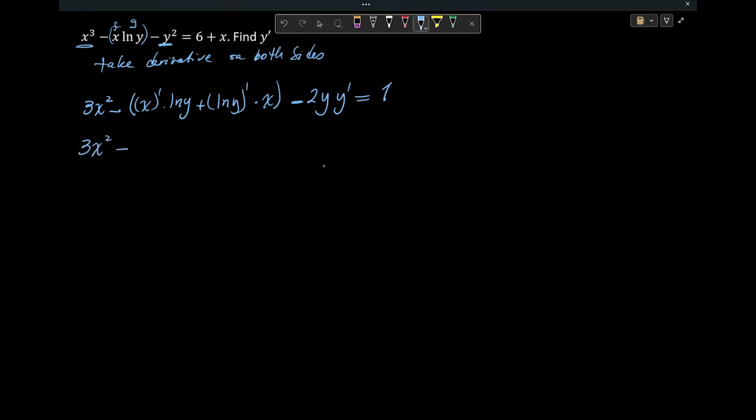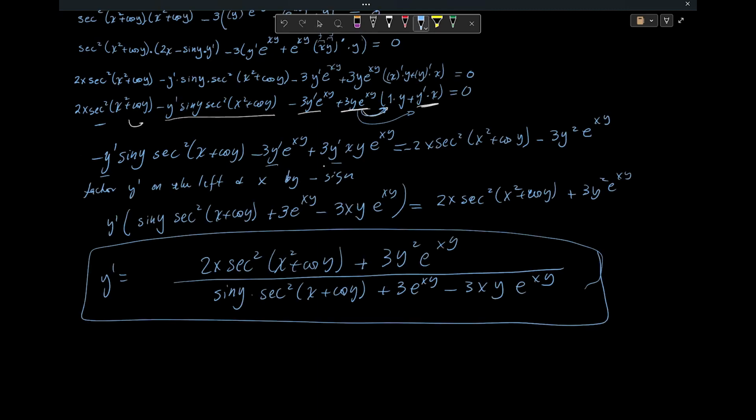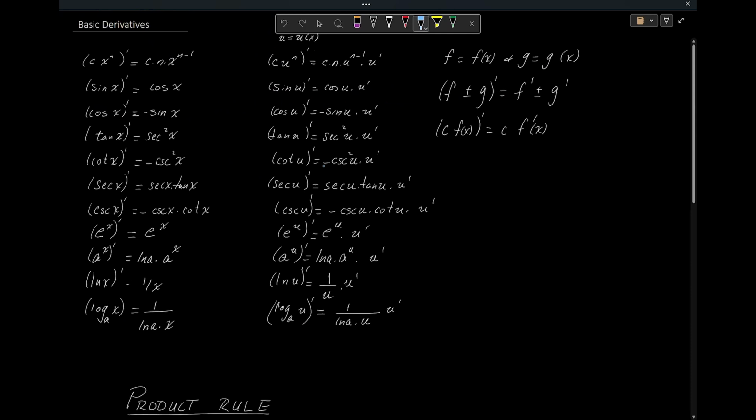3x squared minus derivative of x is 1 times ln of y plus the derivative of the ln of a function of x. Okay, let's go back. Right here, the derivative of the ln of a function of x is the derivative of that function, or the argument of the log, over the argument itself.